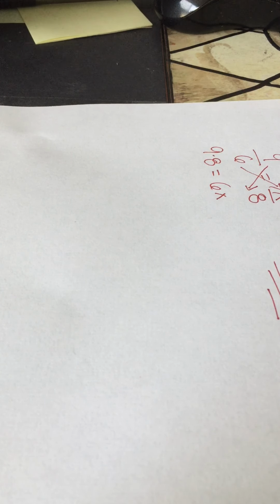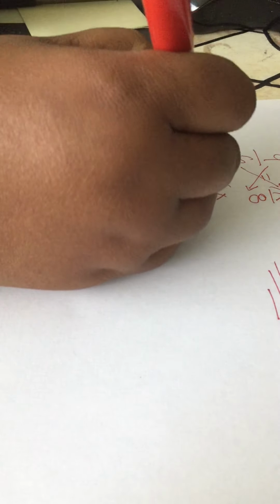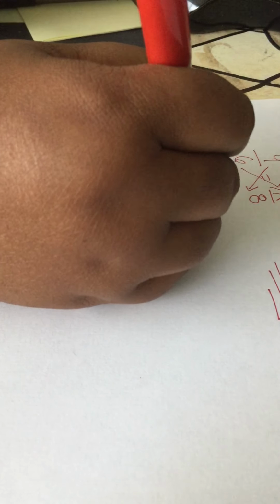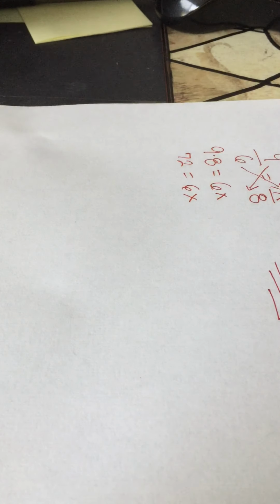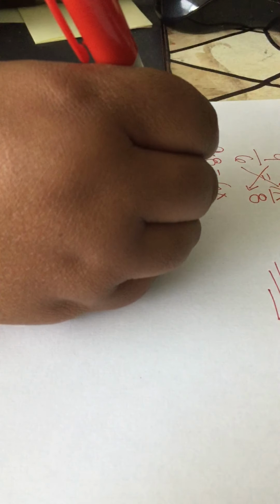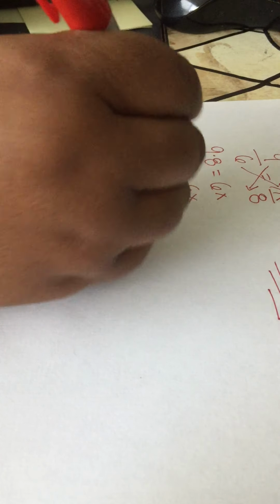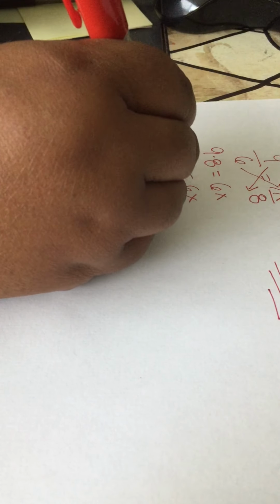So x is our variable that is holding a spot for that missing number. So I do not want to know what 6 times x is, because I already know what it is. 6 times x is equal to 9 times 8, which is 72. So to find out what x is, I'm going to have to divide by 6, divide by 6.